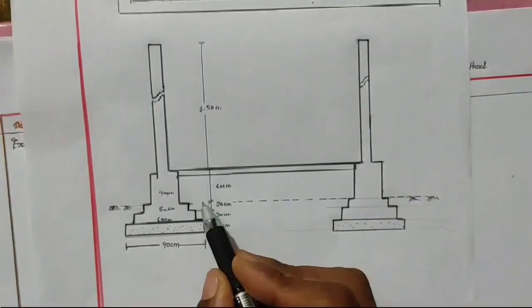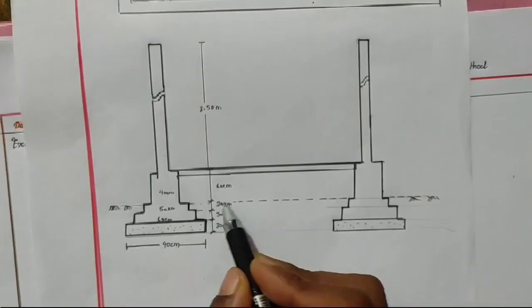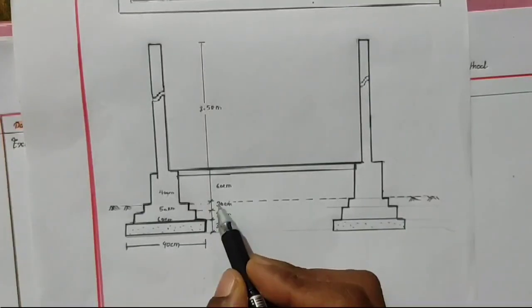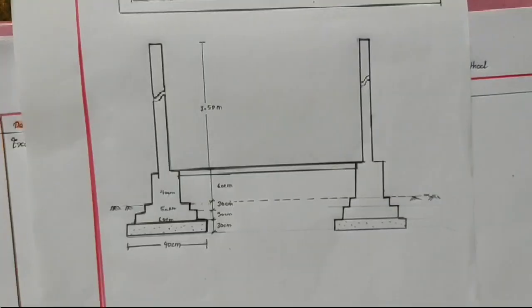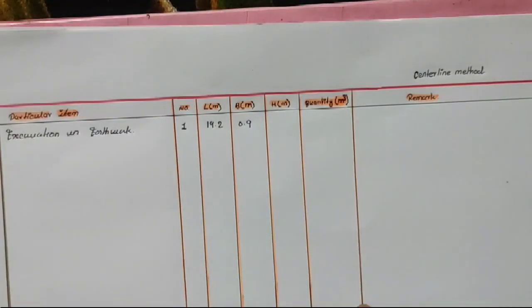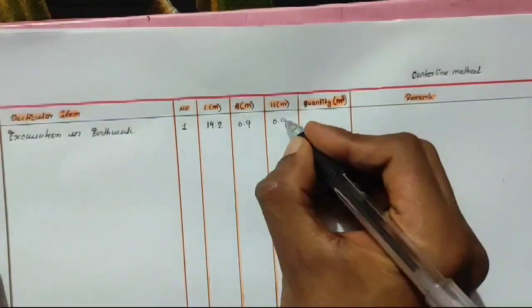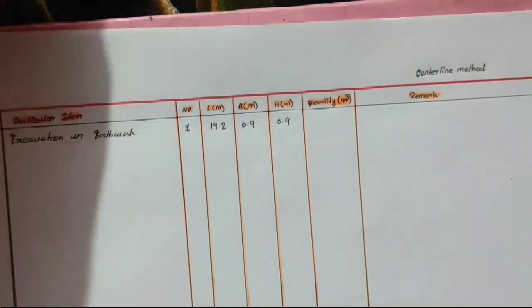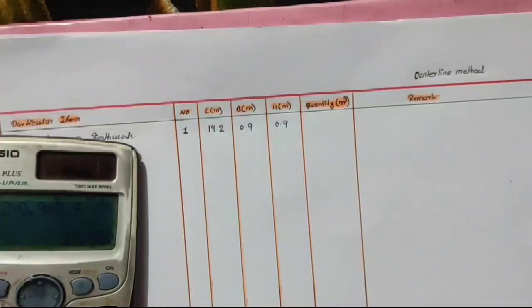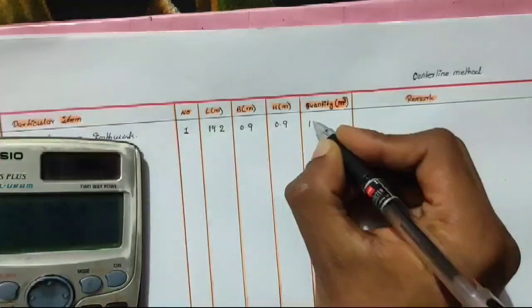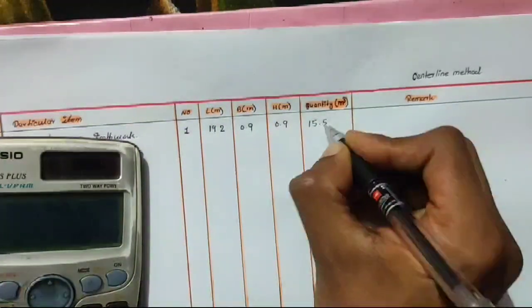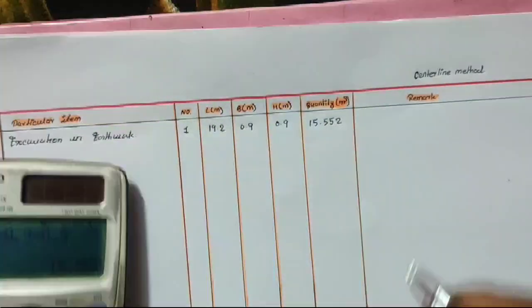Here this line represents the ground level, so below it the depth is 90 centimeters, so height is 0.9 meter. Similarly, we calculate the quantity. We have got the quantity is 15.552 meter cube.